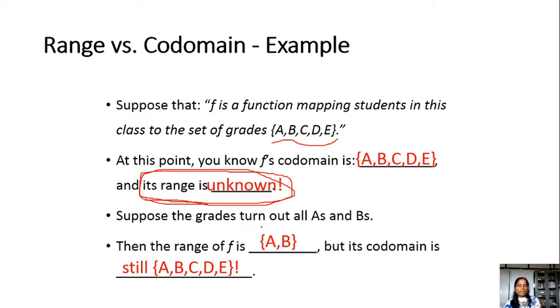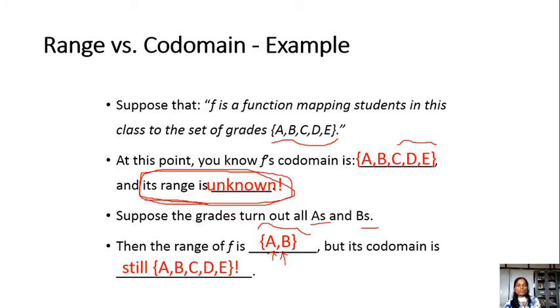Suppose that the grades turn out to be all A's and B's, meaning all students in this class have obtained either grade A or grade B, and no student has got grade C, D, E. Only grade A and grade B are there, and therefore the range of the given function is the set of capital A and capital B. Why these grades?